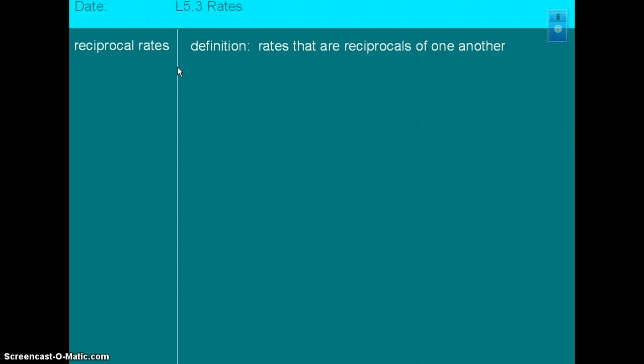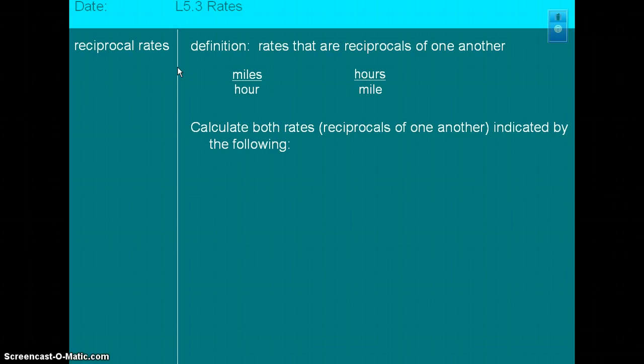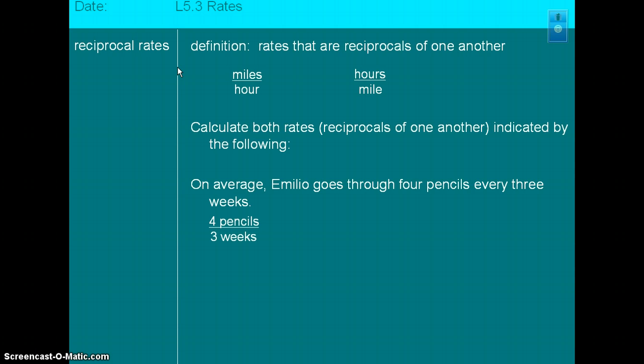Reciprocal rates involve the idea of flipping them around, rates that are reciprocals of one another. For example, we could do miles per hour or hours per mile. We can calculate both rates or reciprocals indicated in the following statement. On average, Emilio goes through 4 pencils every 3 weeks. One option would be to consider pencils per week. 4 pencils per 3 weeks would indicate 1 1/3 pencils per week.